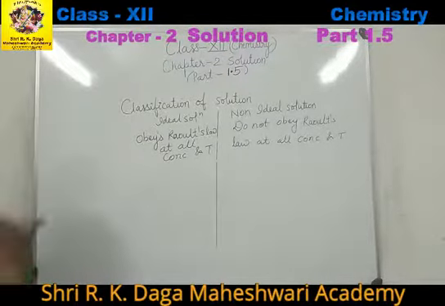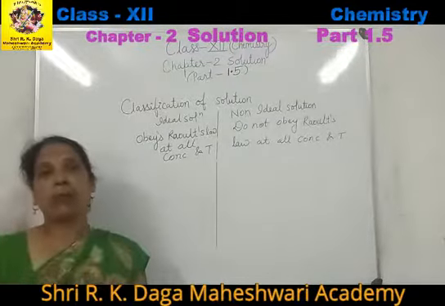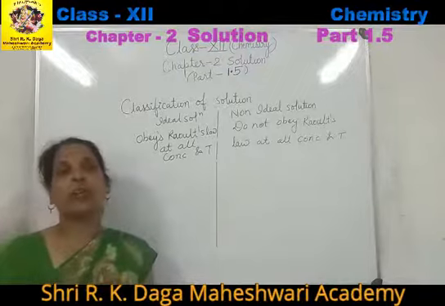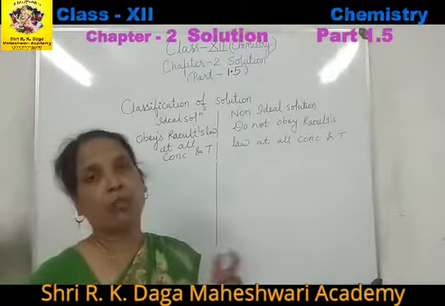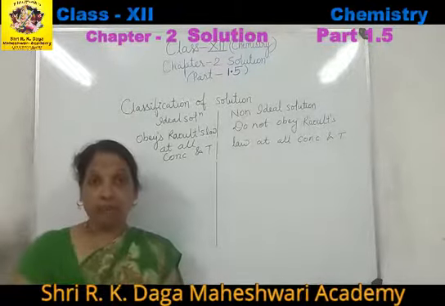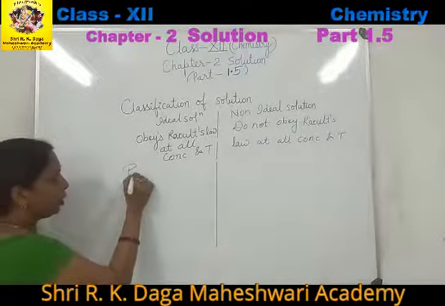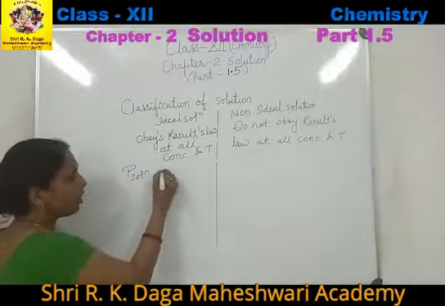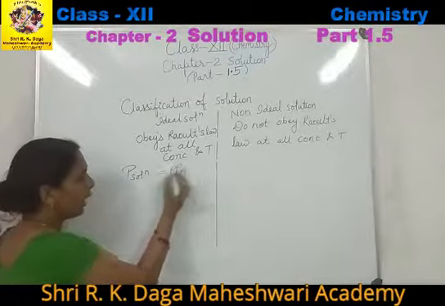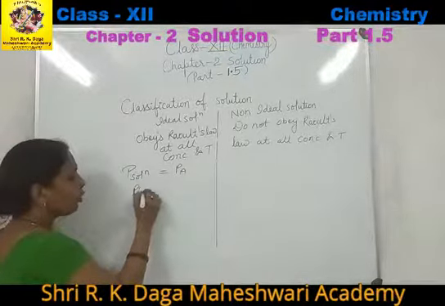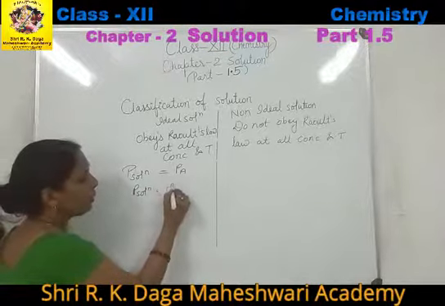If the solution is ideal in nature, then the vapor pressure of the solution will always be equal to the sum of the partial vapor pressures of its components. So in case of an ideal solution, P solution is equal to PA plus PB.